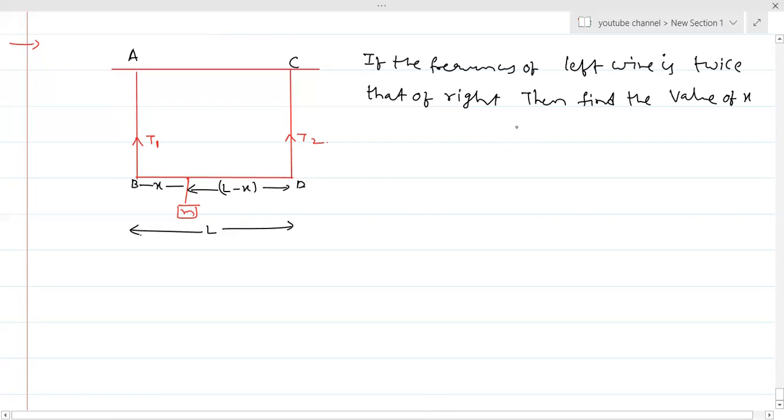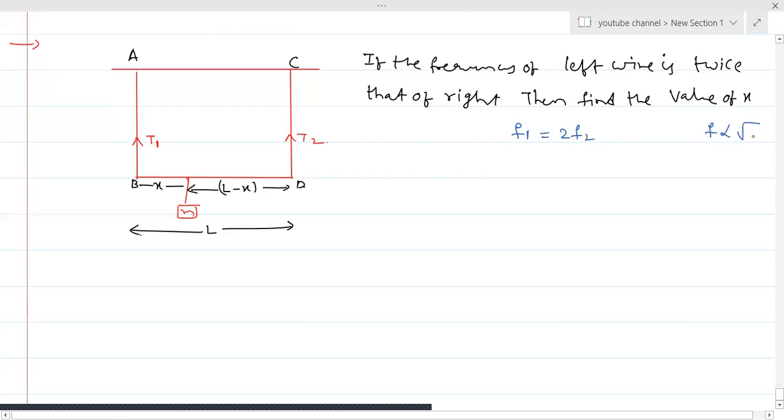Left means f1 is equivalent to 2 f2. We know that any frequency is directly proportional to root T. Therefore root T1 is equivalent to 2 into root T2, or T1 is equivalent to 4 T2.